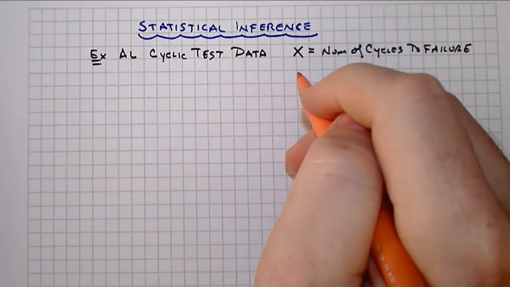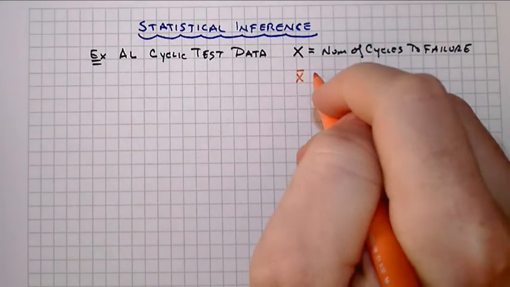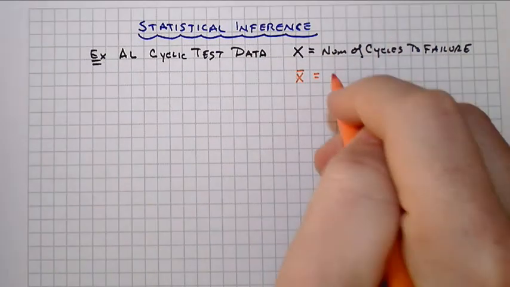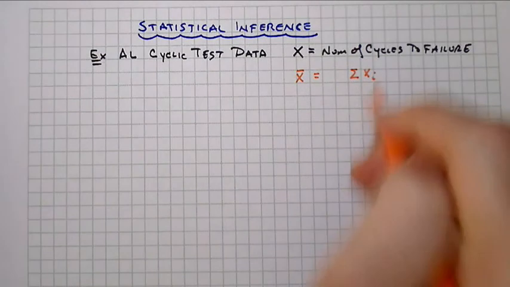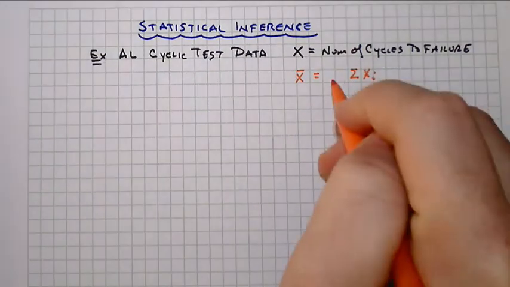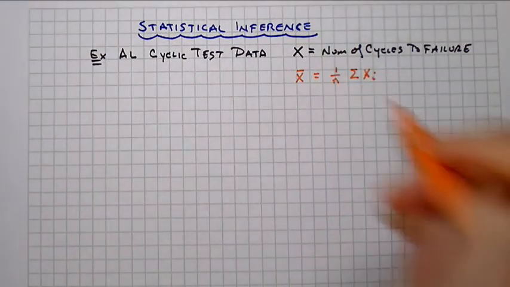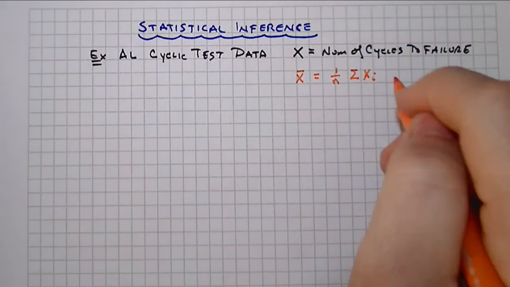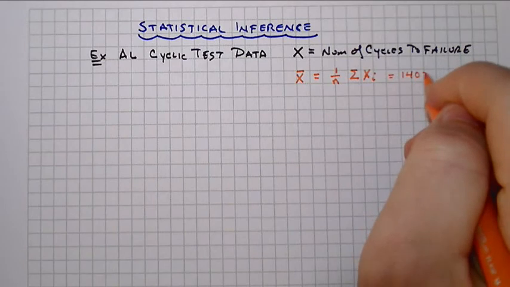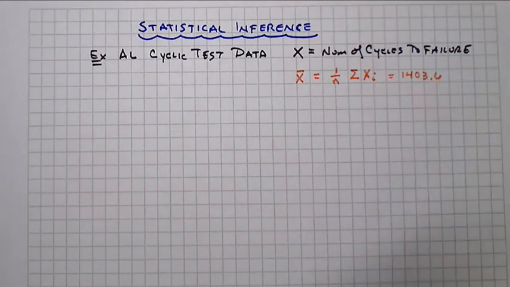we defined the sample mean as being the sum of all of the individual observations, and then we averaged those, 1 over n. We had 70 of those. In that particular case, it turned out to be 1403.6 cycles to failure.